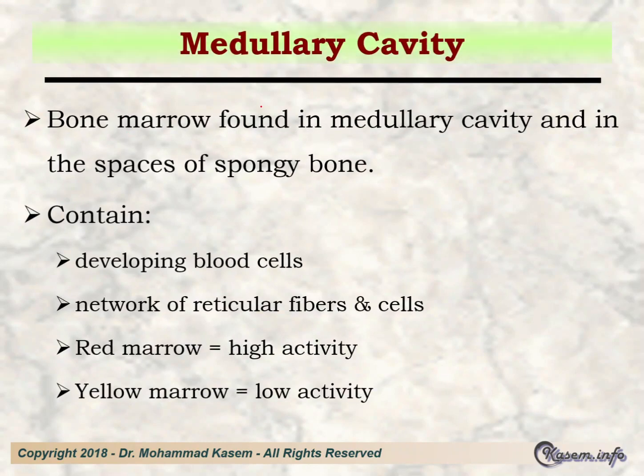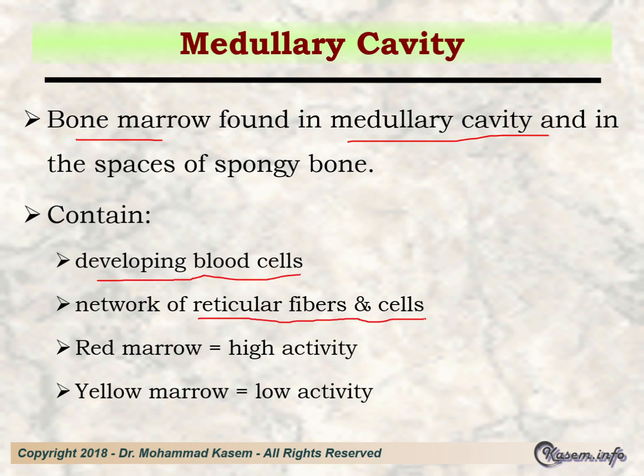The medullary cavity is the space which encloses the bone marrow. The bone marrow is found in the medullary cavity, and it contains what? It contains developing blood cells and a network of reticular fibers and cells. It may be red marrow or yellow marrow.